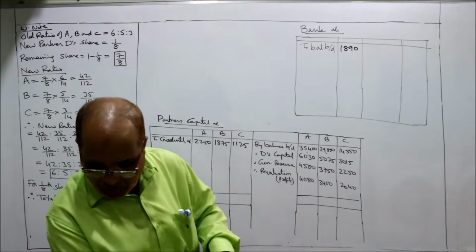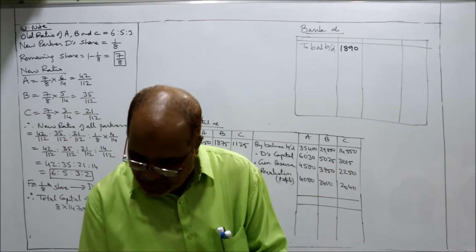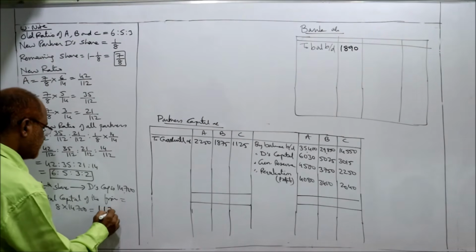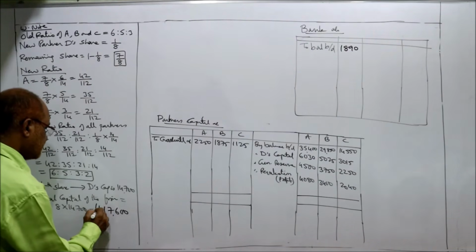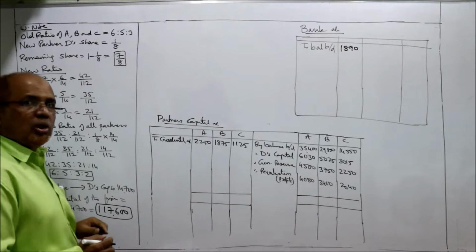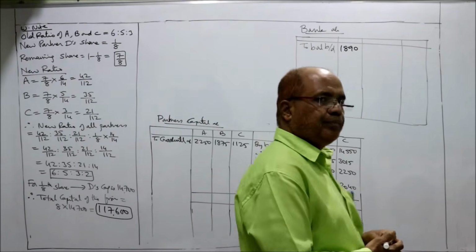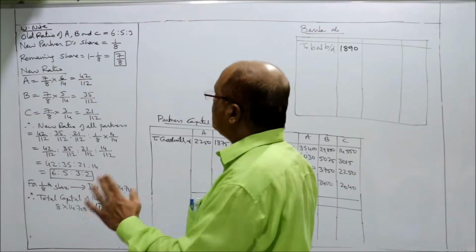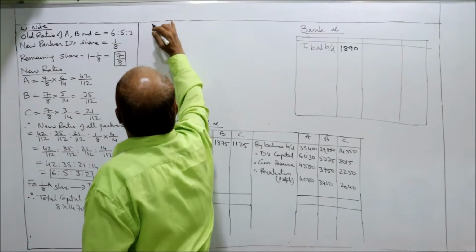So 8 into 14,700 will be 1,17,600. Total capital of the firm is 1,17,600. How much should A's capital be?